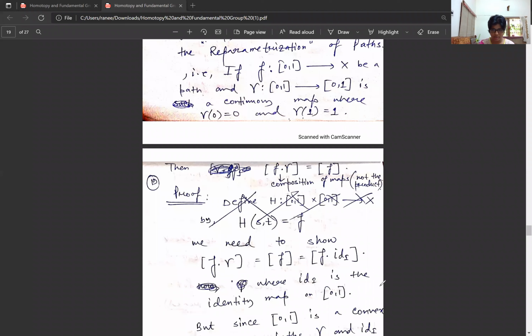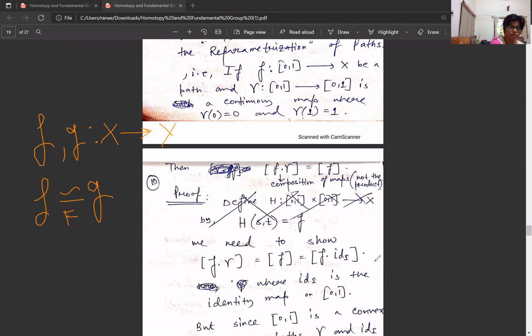So if f and g are two continuous functions from X to Y, homotopic through some homotopy, say F, and if I have another function h from Y to another topological space Z, then if f is homotopic to g, then f composed with h is homotopic to g composed with h.